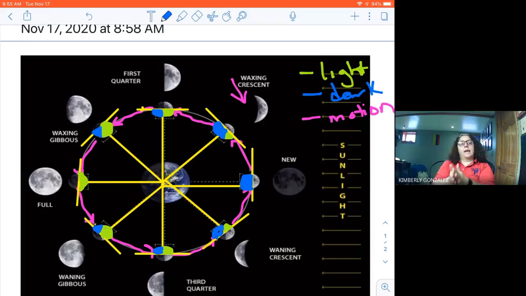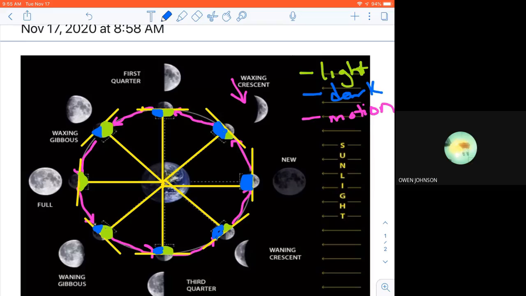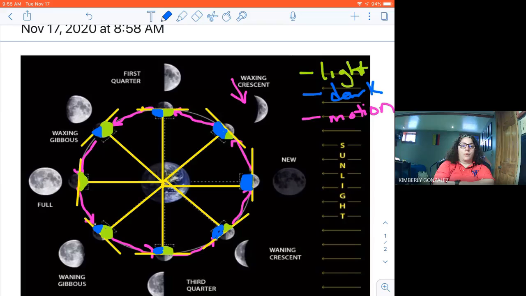But do you guys see how as we go from a new to a full moon, the amount of light or amount of sunlight that is being reflected off of the moon is getting bigger? Yes? Yes. Okay. That's the whole point.